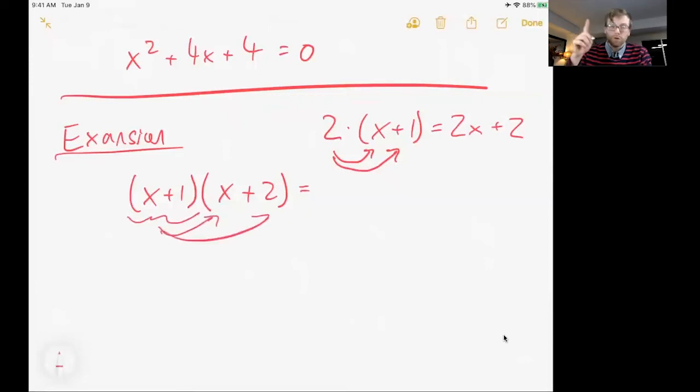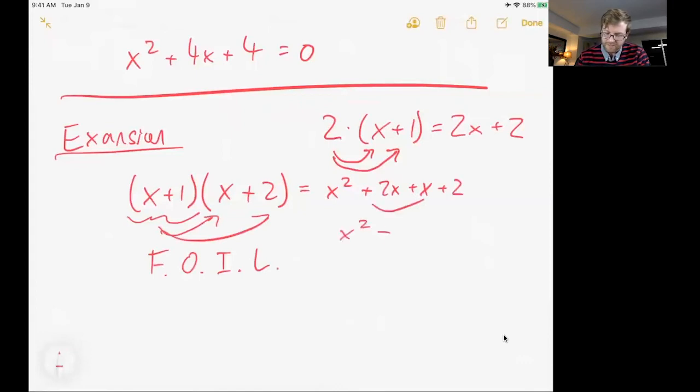You may recall this acronym FOIL: first, outside, inside, last, and that might help you with this. Firsts, that'd be x squared, outside, 2x, inside, x, last, it's 2. I can combine these like terms, so it's x squared plus 3x plus 2.